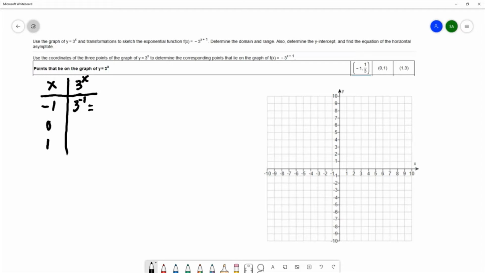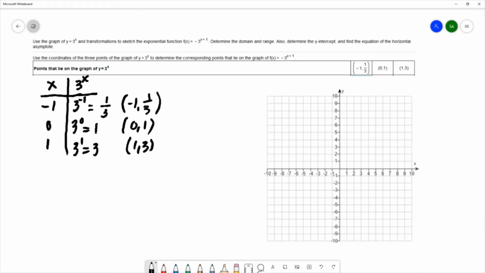Negative 1 in the exponent means reciprocal, so we get 1/3. 3 to the 0 is 1. 3 to the 1 is 3. So that gives us 3 ordered pairs that are on the graph of 3 to the x.